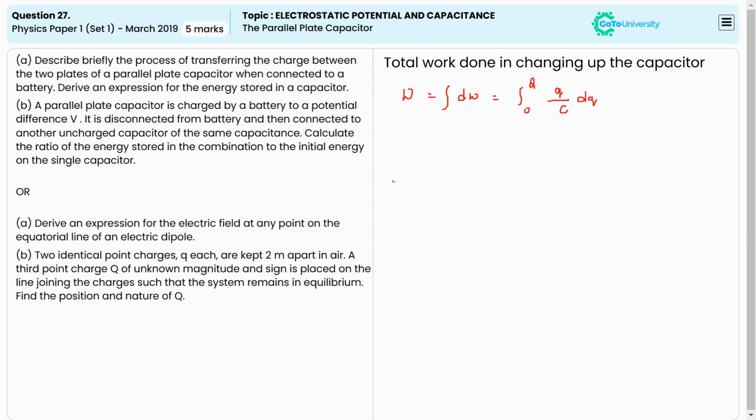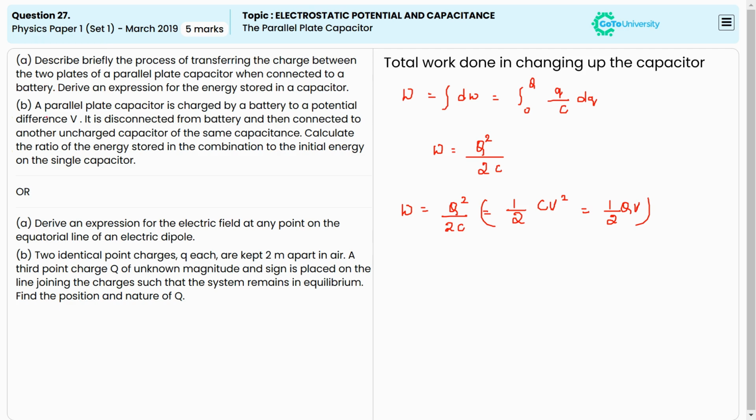Then we get the value W is equal to Q square by 2C. Hence energy stored W is equal to Q square by 2C, which is equal to 1 upon 2 CV square, which is equal to 1 by 2 Q times V.